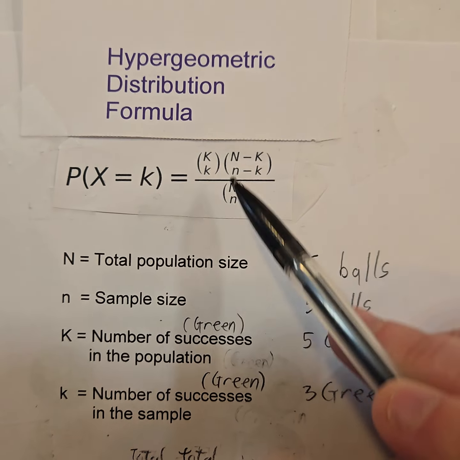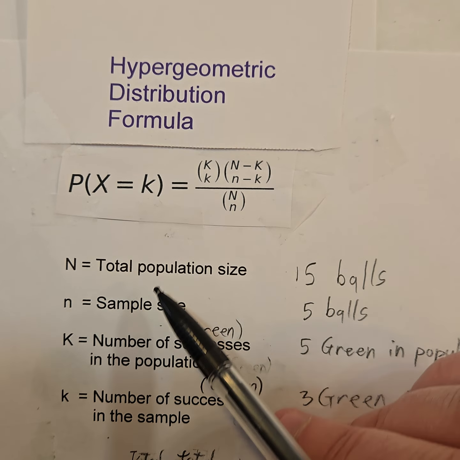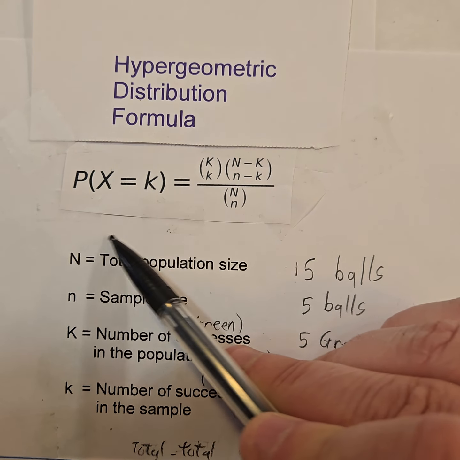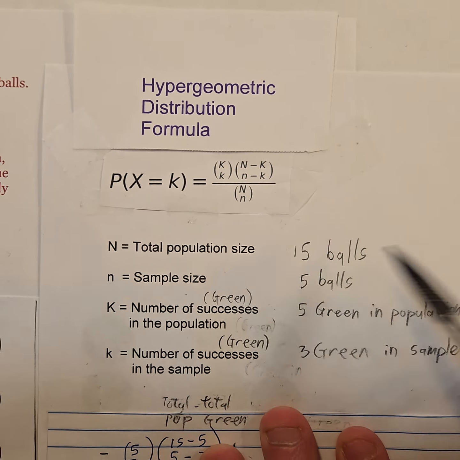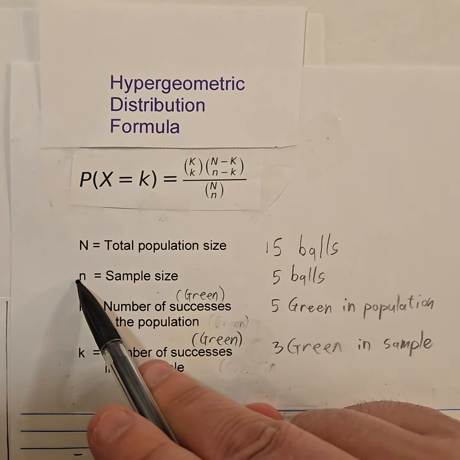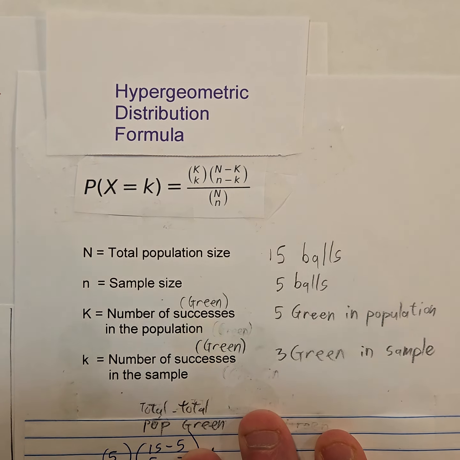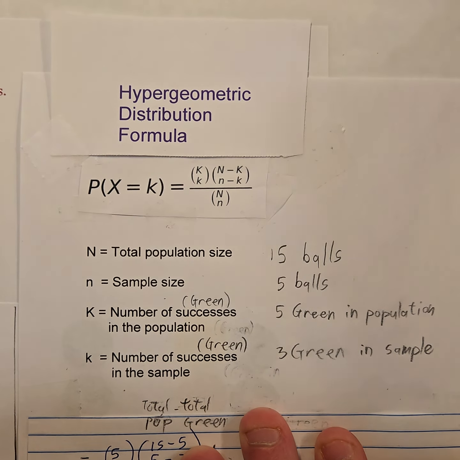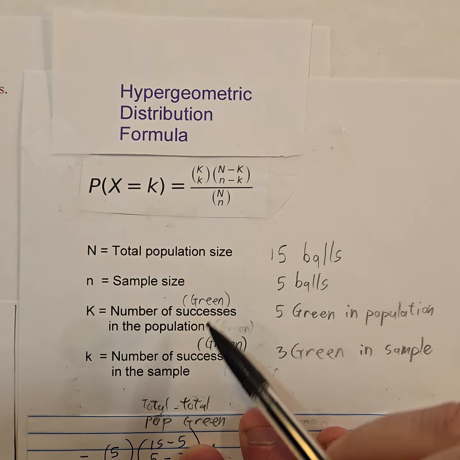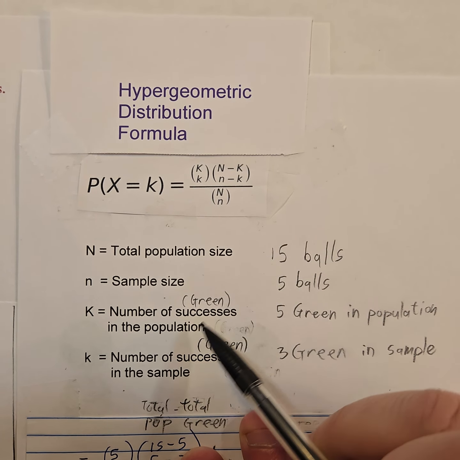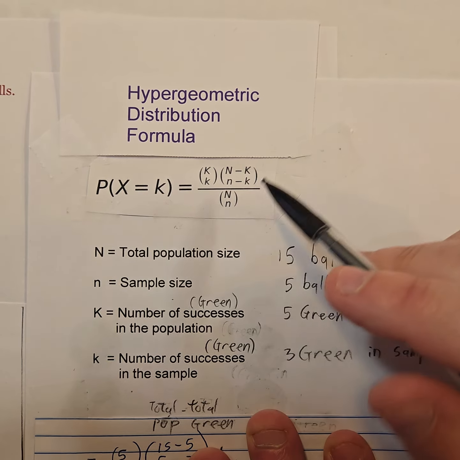Each letter has a meaning. The big N is how many altogether. In our question, it's 15. We had 15 balls. The little n is the sample size. We picked 5 at random, so that's 5 balls. The big K is the number of successes. They call it successes because it's a general formula.